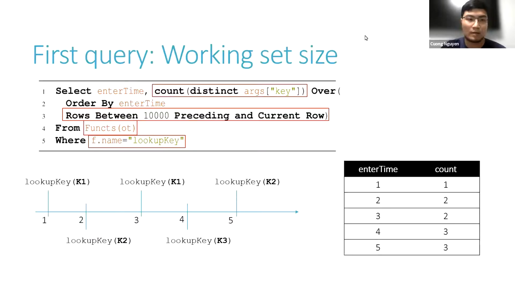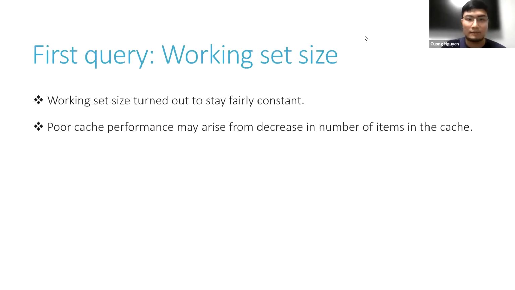And at time 3, there are still only two unique keys, K1 and K2. And so on. From the result of this query, it turns out that the working set size was fairly constant.